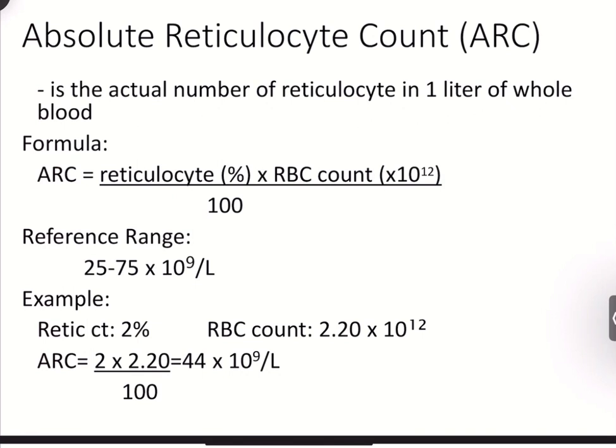For example, you have a 2% reticulocyte count and an RBC count of 2.2. Your ARC will be 2 times 2.2 over 100, which is equivalent to 44 times 10 raised to 9 per liter. So this is within the normal range of your absolute reticulocyte count.